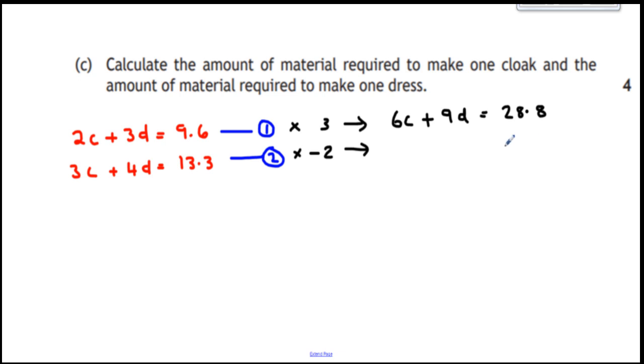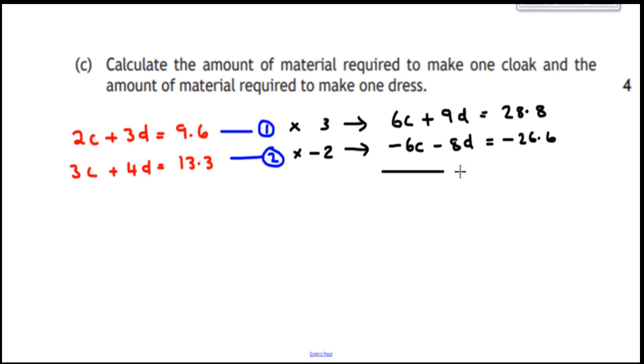Second equation I'm going to multiply by minus 2. So minus 2 times 3C is minus 6C. Minus 2 times 4D is minus 8D, and that is equal to minus 2 times 13.3, which is minus 26.6.